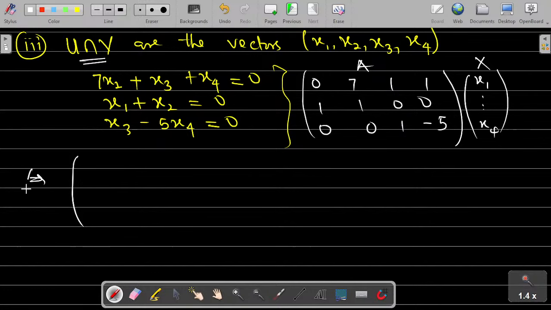So my A is 1 1 0 0, then I make row 1 become row 2, so that's 0 7 1 1, and then 0 0 1 minus 5. Wow, this is beautiful. It gave us a perfect echelon form.